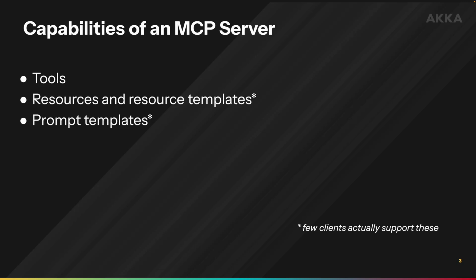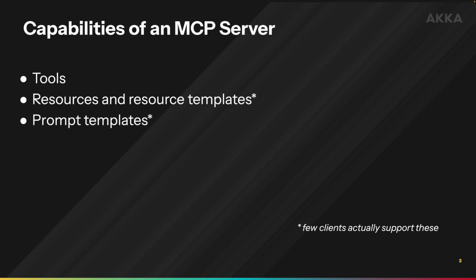Resources are chunks of text or data identified by a uniform resource identifier. Resource templates are essentially a template for creating a URI for some resource based on a parameter. For example, to get the avatar image of a specific user, it could be a common resource prefix, and then a user ID at the end.